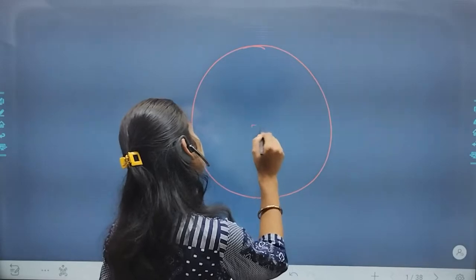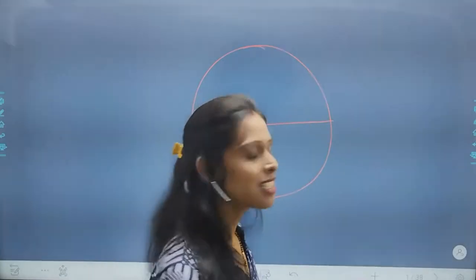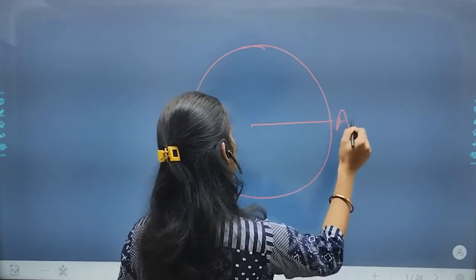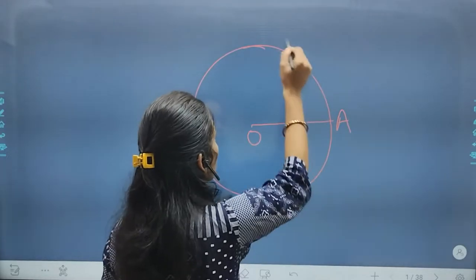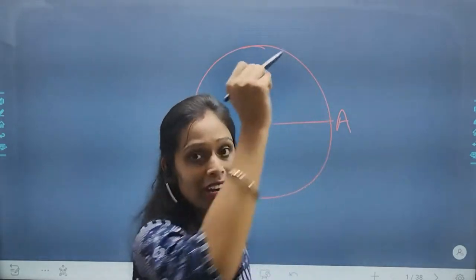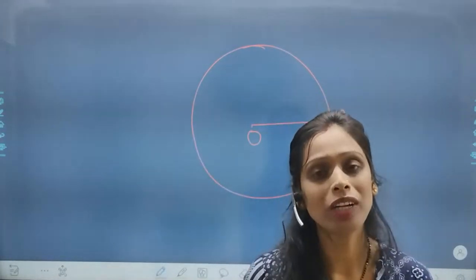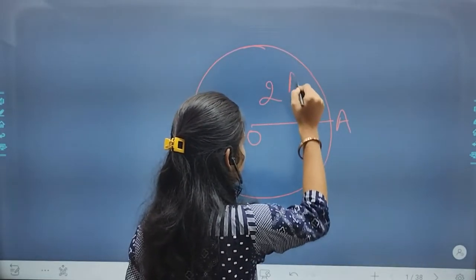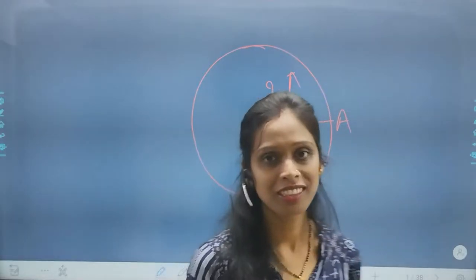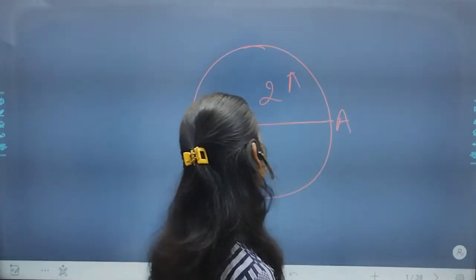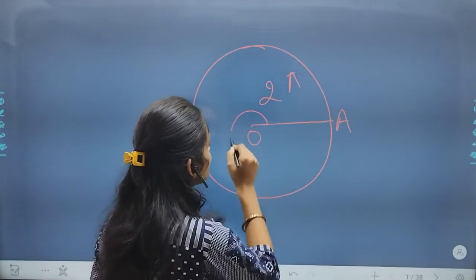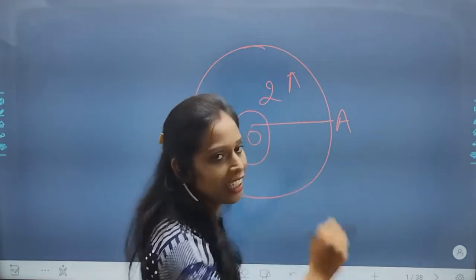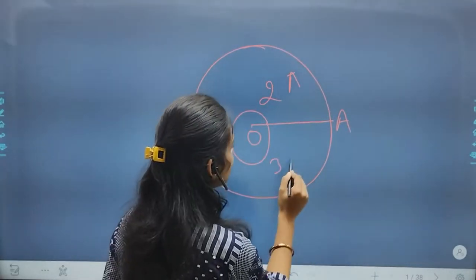This is a circle having a radius. Then a full circumference rotation would be 2 pi. You know this value. And in degrees, it would be 360 degrees.